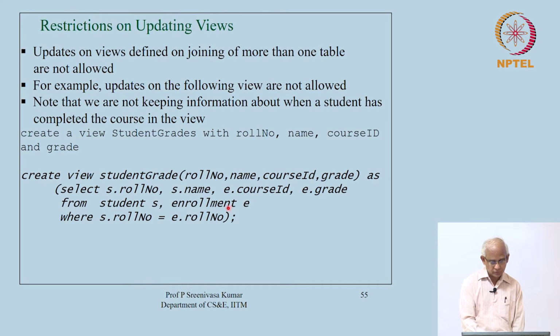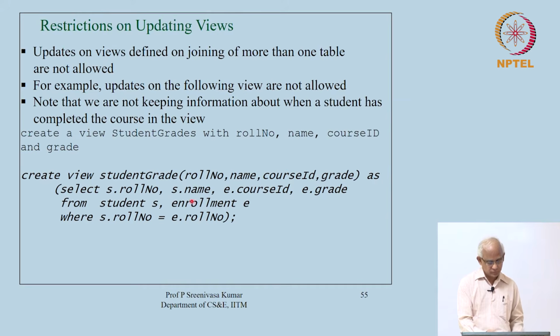One more thing you see here is that we are not keeping track of when that particular student has completed that course. We are dropping off the semester and year information. The enrollment table has other details as to when that particular student has done the course and obtained the grade.